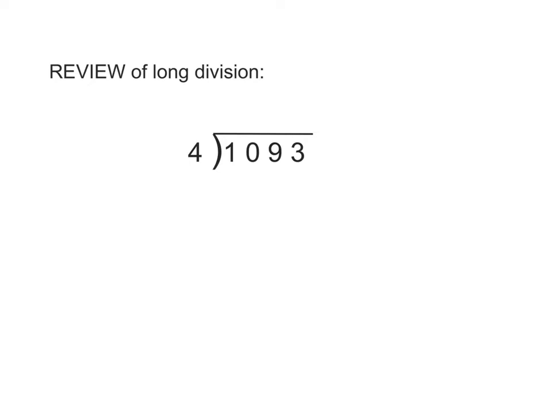We want to divide 1,093 by 4. So the first thing I'm trying to think about is what can I multiply the number 4 by to get as close or equal to, in this case, 10? Well, I know I can multiply by 2. That'll give me 8. But if I multiply by 3, I'm going to go over.